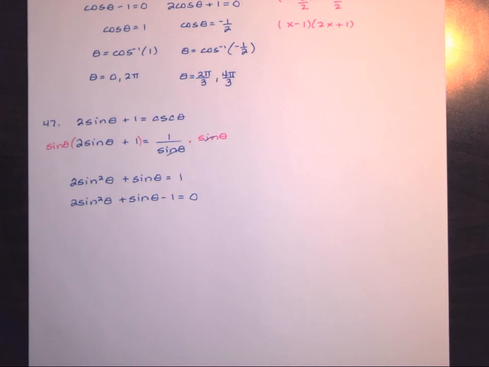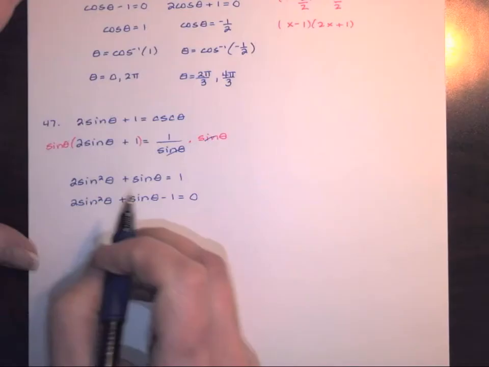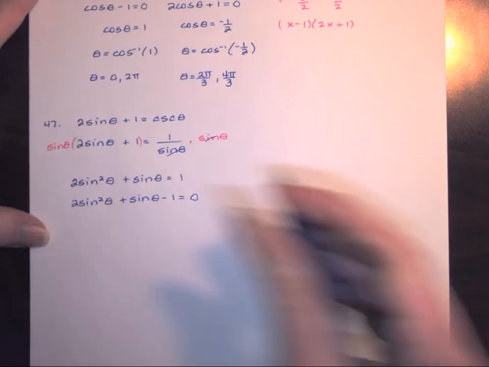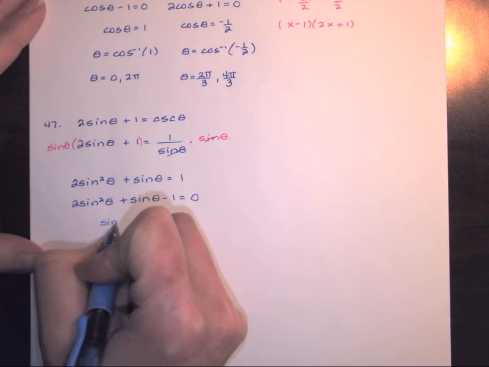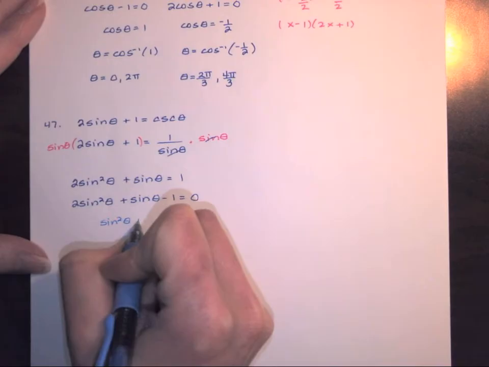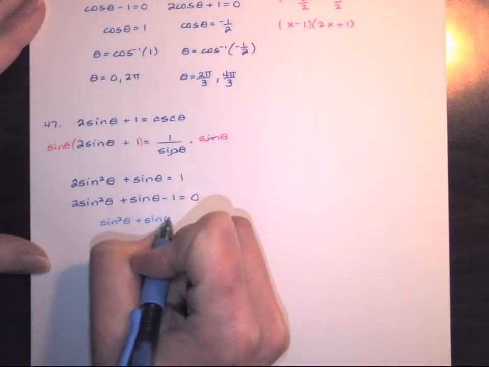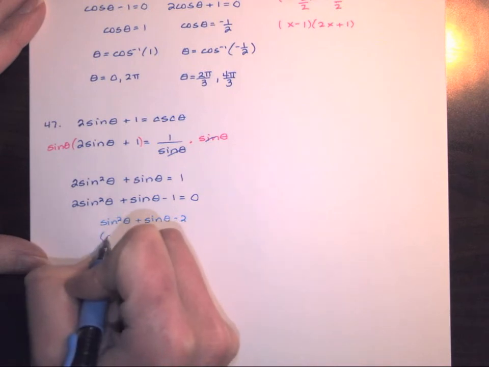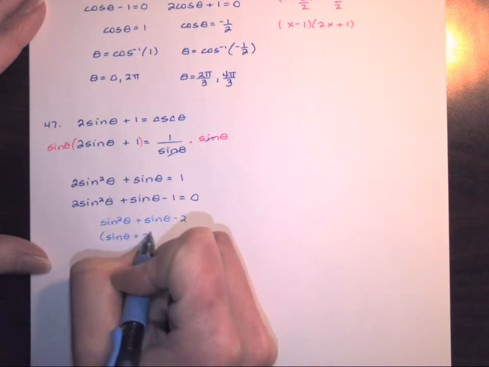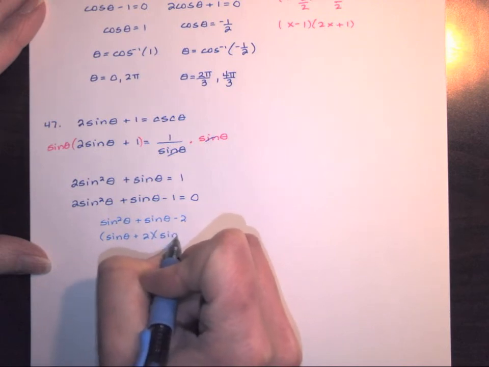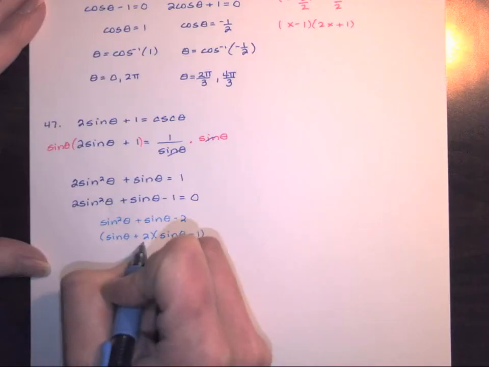Let's slide and divide. If I slide and divide here, let me grab another color marker. So I'm going to have sine squared theta plus sine theta minus 2, which is going to give me sine theta plus 2 and sine theta minus 1.